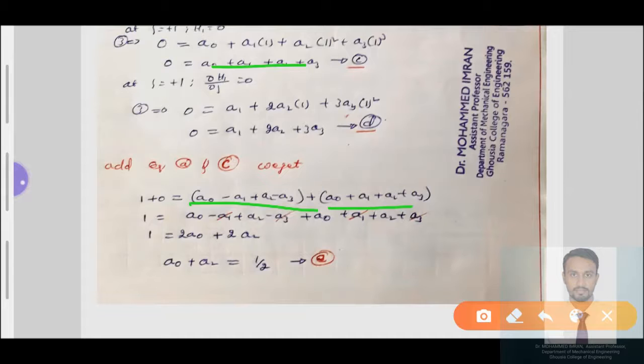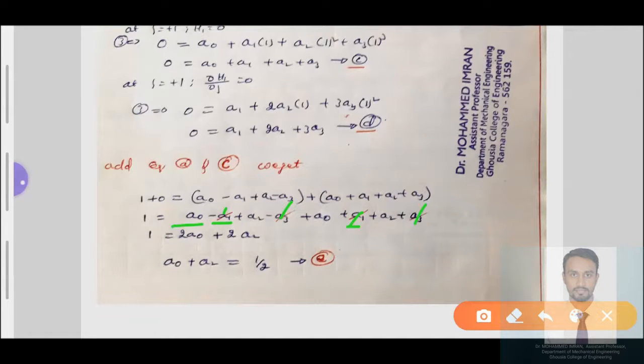Removing the brackets, we get a0 minus a1 plus a2 minus a3 plus a0 plus a1 plus a2 plus a3. Minus a1 plus a1 get cancelled, and similarly minus a3 plus a3 get cancelled.